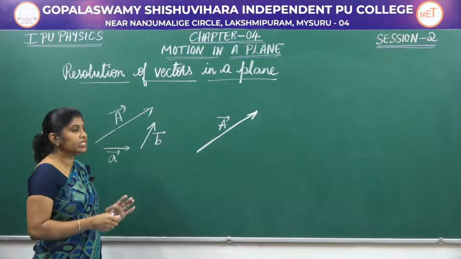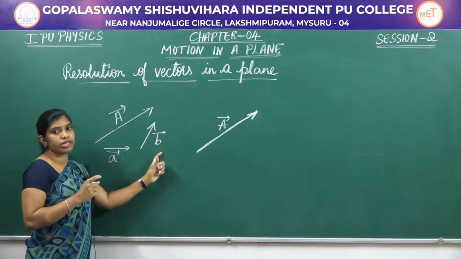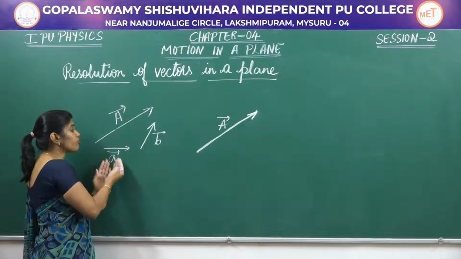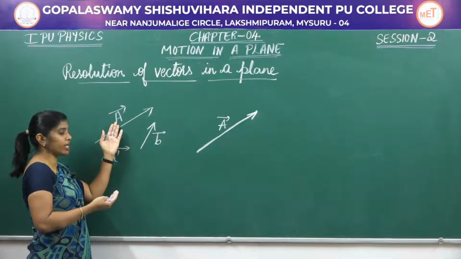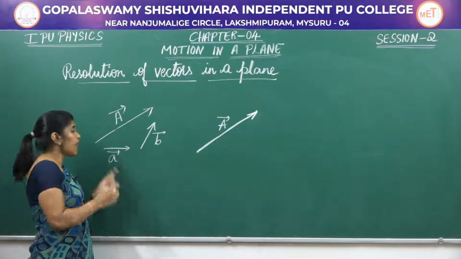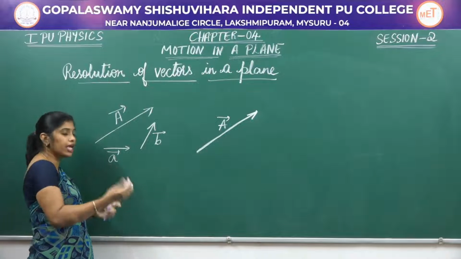Now I want to represent this vector A using these two vectors a and b. Since the magnitudes of a and b are very different from the magnitude of A, to match them, I will multiply vector a by a real number n.